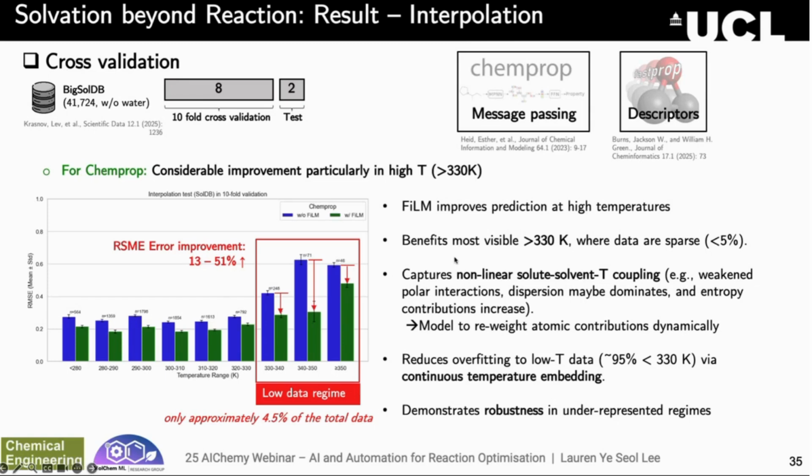There was less than 5% of the overall data in this temperature range. Compared to ChemProp, FiLM reduced error by 13 to 51%, showing strong robustness in such a high temperature regime. This suggests that the model is capturing nonlinear temperature solute-solvent couplings.